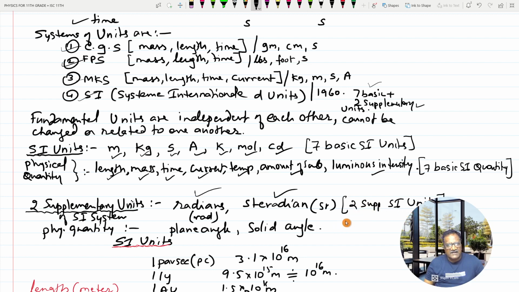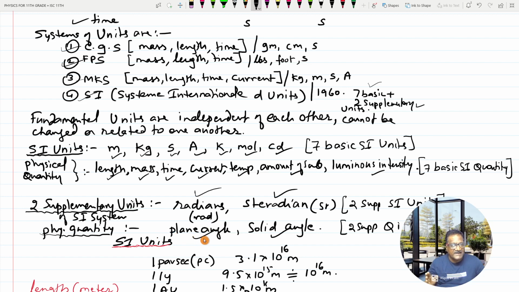If these are units, then there should be corresponding physical quantities. The 2 supplementary physical quantities in the SI system are plane angle and solid angle.